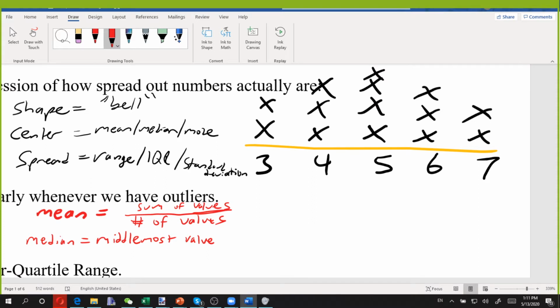Okay, so take out the lower half of values and then the upper half of values. So that'd be something like this. I'm going to cancel out one value from the top and the bottom and just keep doing that again and again until we end up with our middlemost value. Okay, what if I end up with an even number of values?